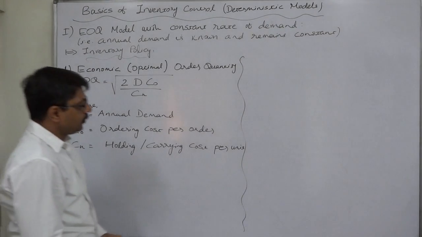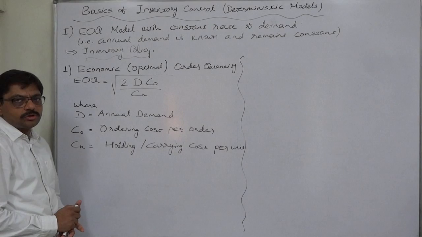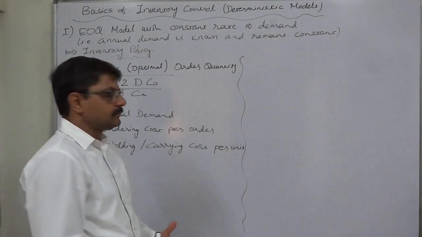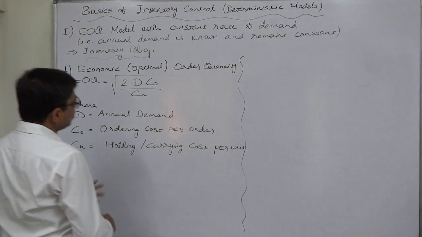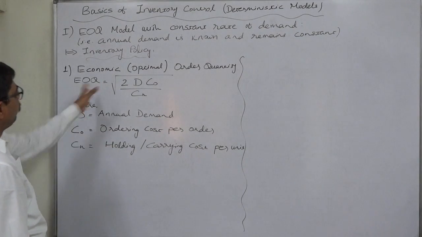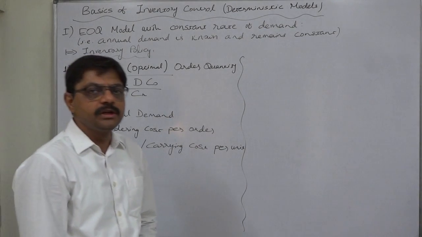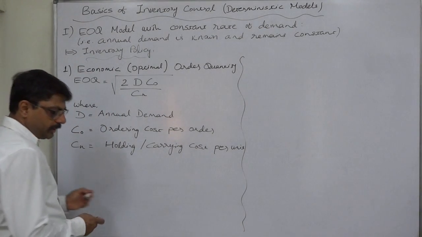Now on the basis of this EOQ or any other quantity, we can also calculate some other items, but we will assume that we follow the EOQ. That means our actual ordering quantity will also be exactly equal to EOQ.